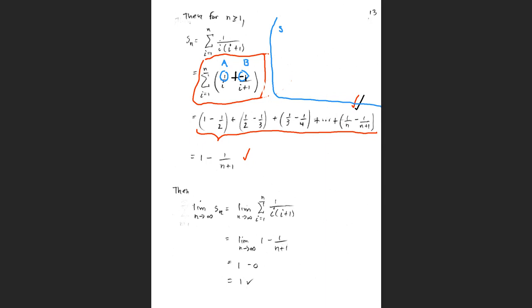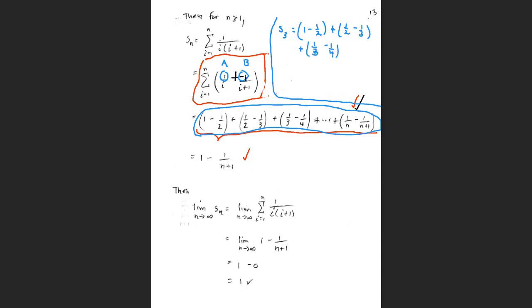So like S sub 3, based on what we have here, S sub 3 would be 1 minus a half plus a half minus a third plus a third minus a fourth.